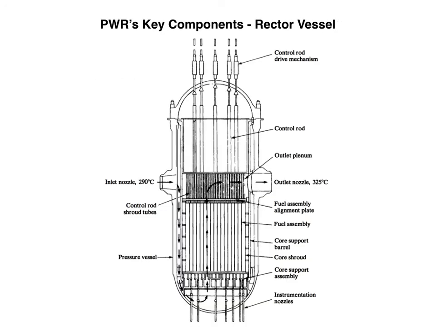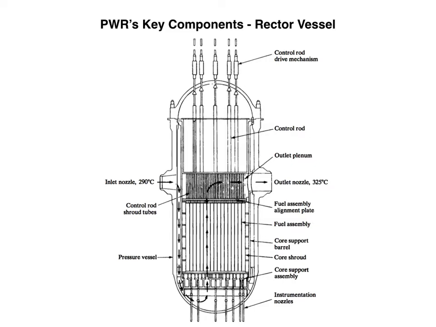This figure shows a cross-sectional view of a typical pressurized water reactor. As indicated in this figure, water enters the pressure vessel at a temperature of about 290 degrees, flows down around the outside of the core where it serves as a reflector, passes upward through the core where it is heated, and then exits from the vessel with a temperature of about 325 degrees.